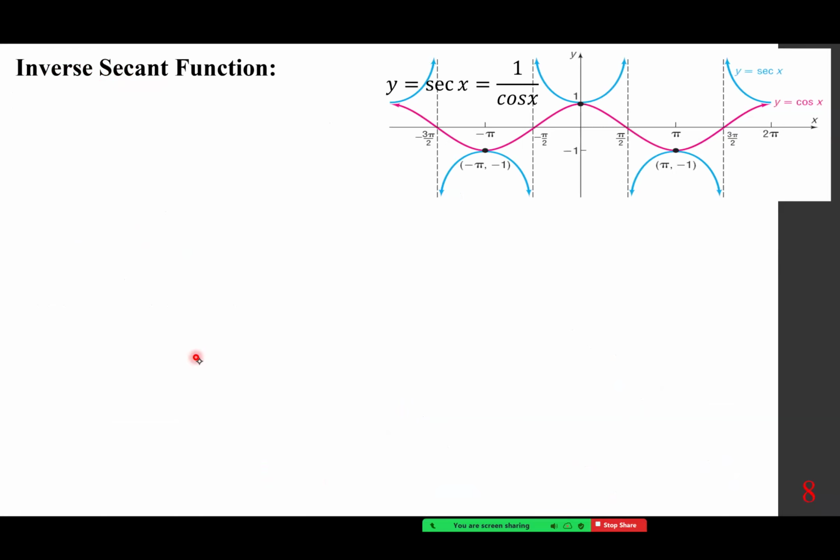So as you recall, we graph cosine. This is a complete cycle, and then we continue indefinitely. We flip it over, and it becomes secant, or 1 over cosine. So we know that.